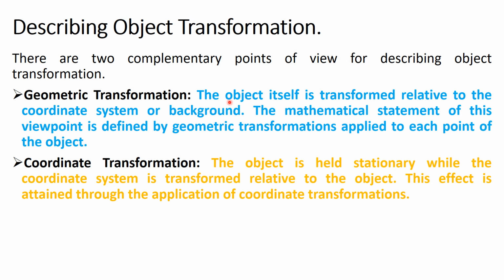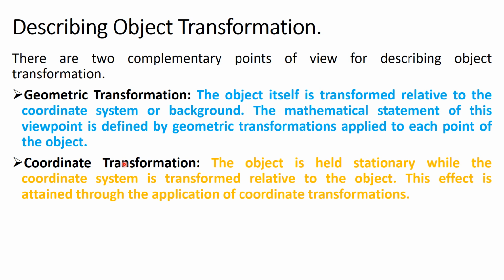It means the coordinate system in this case will remain fixed and the background will remain fixed while the object is transformed. The mathematical statement of this viewpoint is defined by geometric transformations applied to each point of the object, or each vertex of the object.